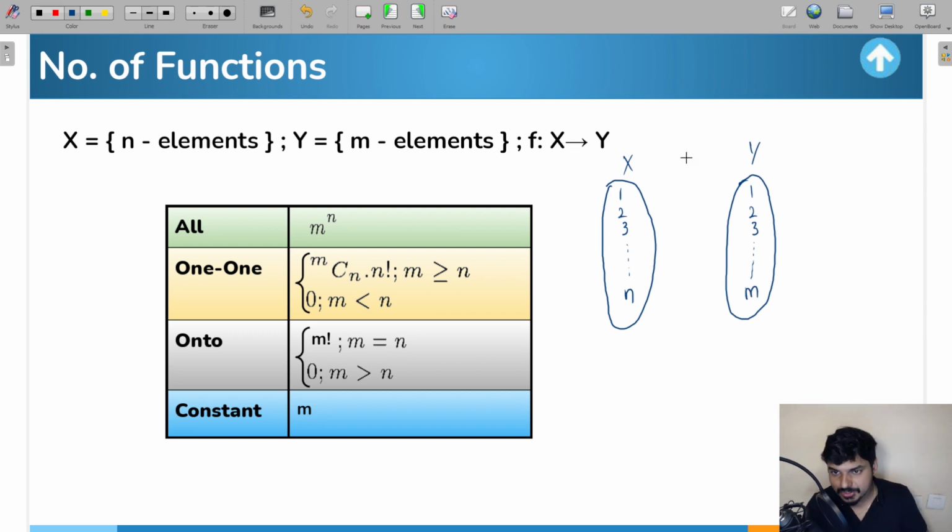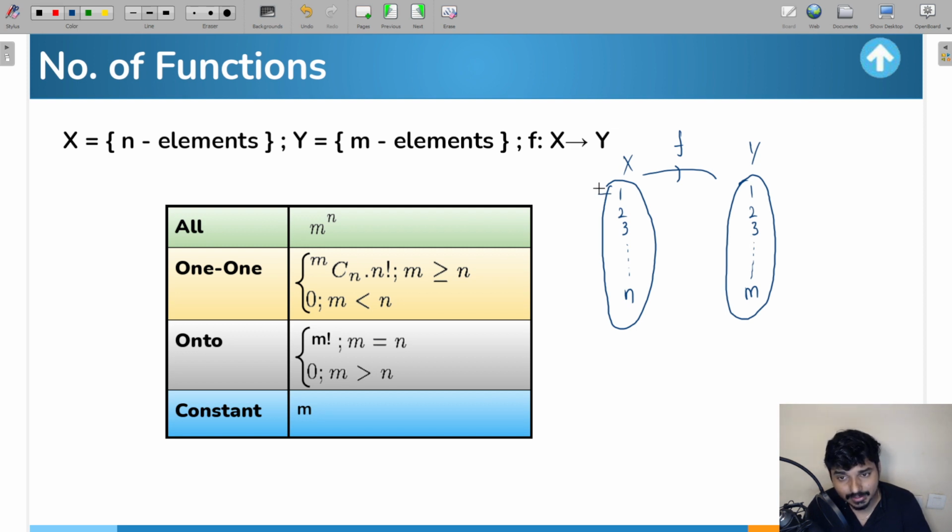Now a function is defined between the two sets in this way, f maps x to y. Now you need to figure out, first, how many total number of functions you're going to get. We already discussed the total number of functions in the previous class. Again, I'll tell you, very simple. Element 1 can get related to any element in the set y in how many ways?